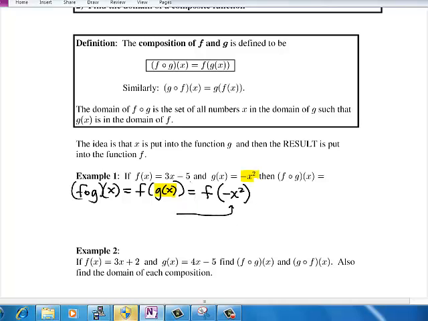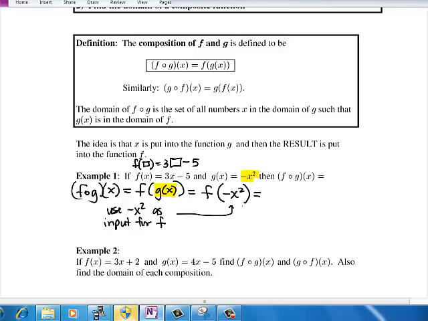Now this notation says use negative x squared as the input for f, but use the pattern for f. F's pattern says take 3 times whatever and subtract 5.